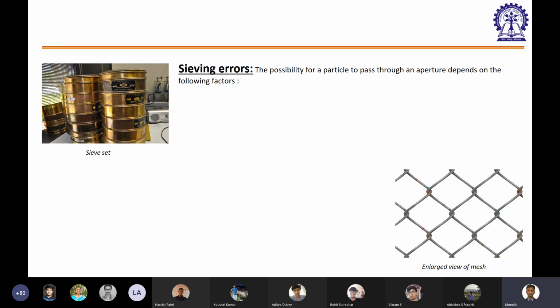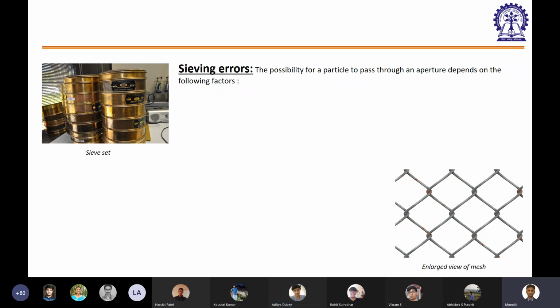The sieving process is more or less clear to you now. We have discussed this multiple times, but where can you get errors in this entire sieving? Deformation in the aperture, like some of the holes might increase in size.